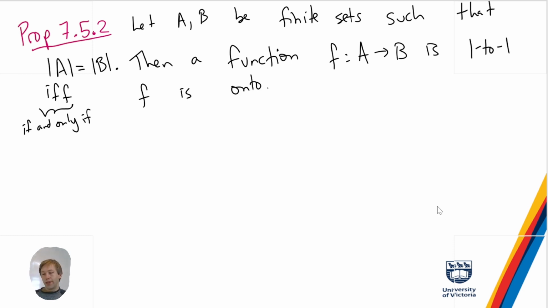So the point is that if you already know that the two sets have the same size, then being one-to-one is exactly the same thing as being onto.